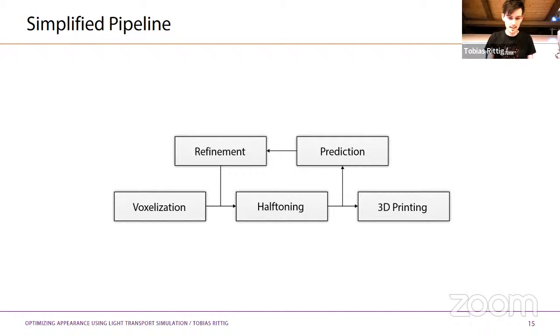And then in the second step, in the refinement step, we try to compensate and put countermeasures into place that reduce this lateral scattering and reduce the artifacts that we're seeing.